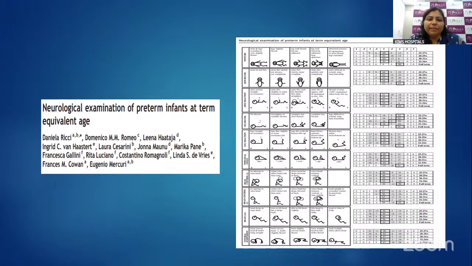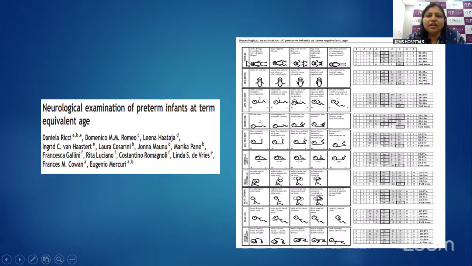This is a paper, Neurological Examination of Preterm Infant at Term Equivalent Age. It explains how to perform this assessment. I'll just give you a small gist of it. Let's say we are taking the posture portion.